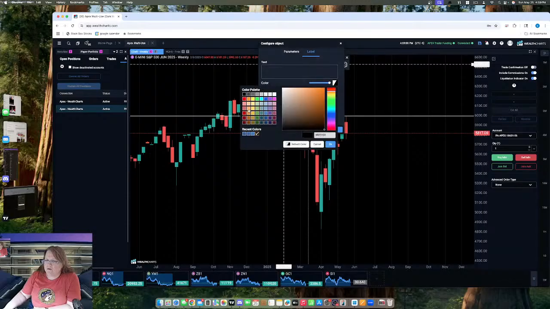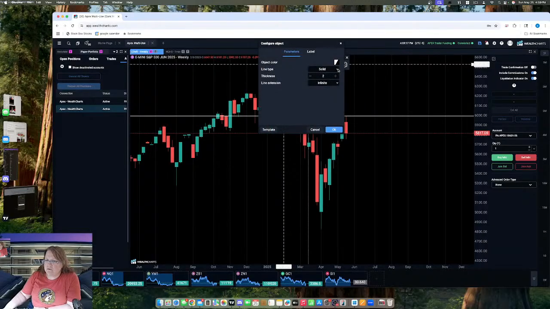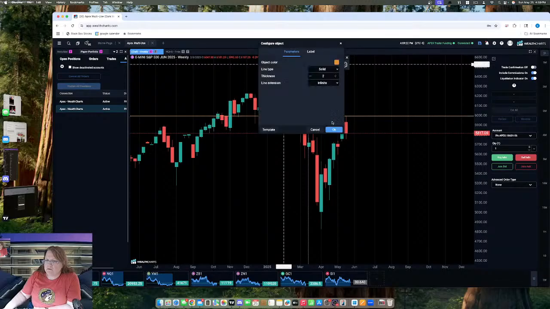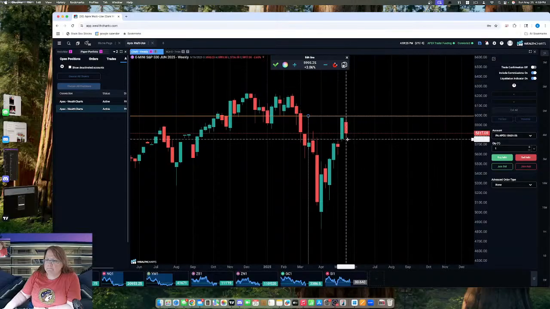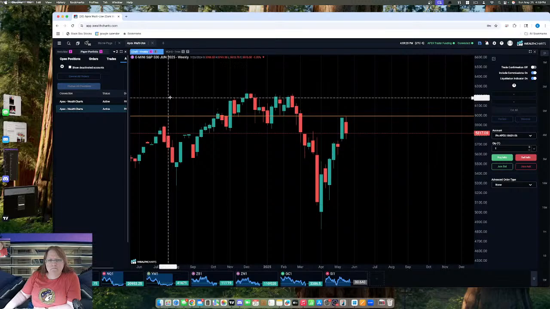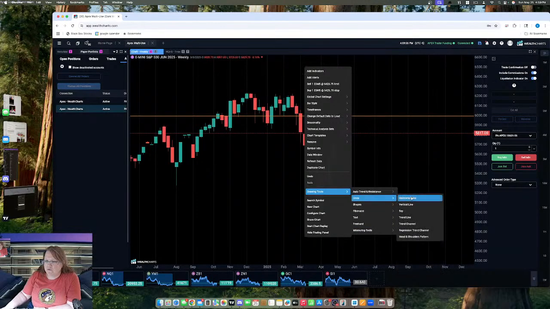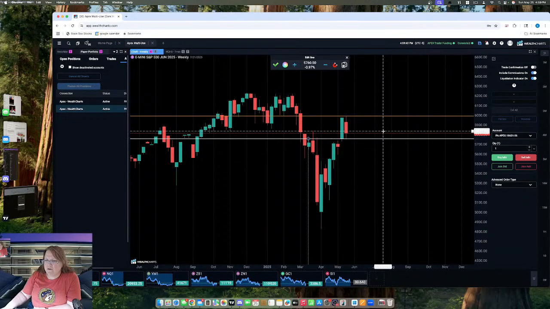I always usually like to use orange for previous week's high and low. And why did that not change? There we go. Okay, cool. I don't know if there's a way to keep the drawing tools up. Maybe there is, but I have to try to figure that out.